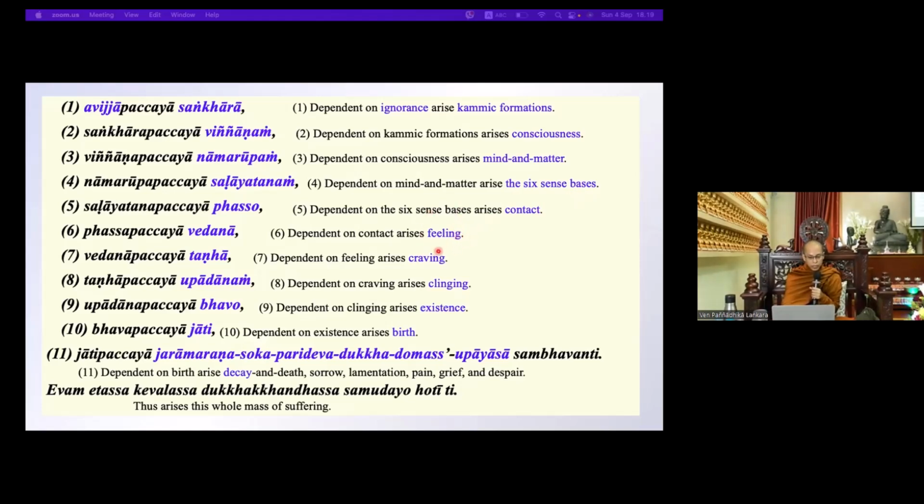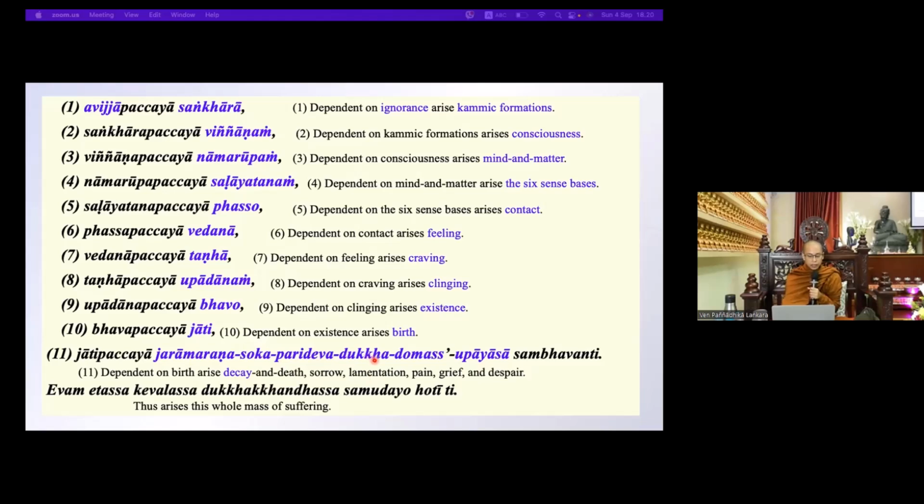Due to vedana, tanha, craving, arises, and due to tanha, upadana, clinging, arises, and it gives rise to existence, which is called bhava, and bhava gives rise to jati, which is translated as birth. After that it continues: jara, marana, soka, parideva, dukkha, domanassa, upayasa. So jara is decay, marana death, soka sorrow, parideva lamentation, dukkha.